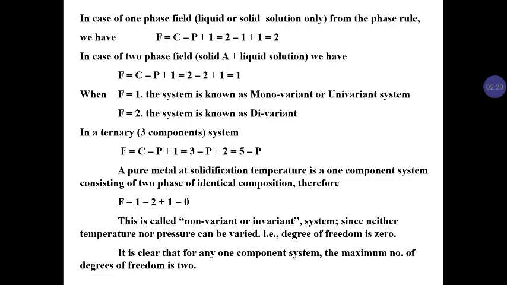Now we can calculate the degrees of freedom, and the formula is F = C - P + 1. Since it is the condensed phase rule, which is used for alloy systems, it is C - P + 1. In all these examples, it is an alloy system, meaning a binary phase diagram, where there are two components.